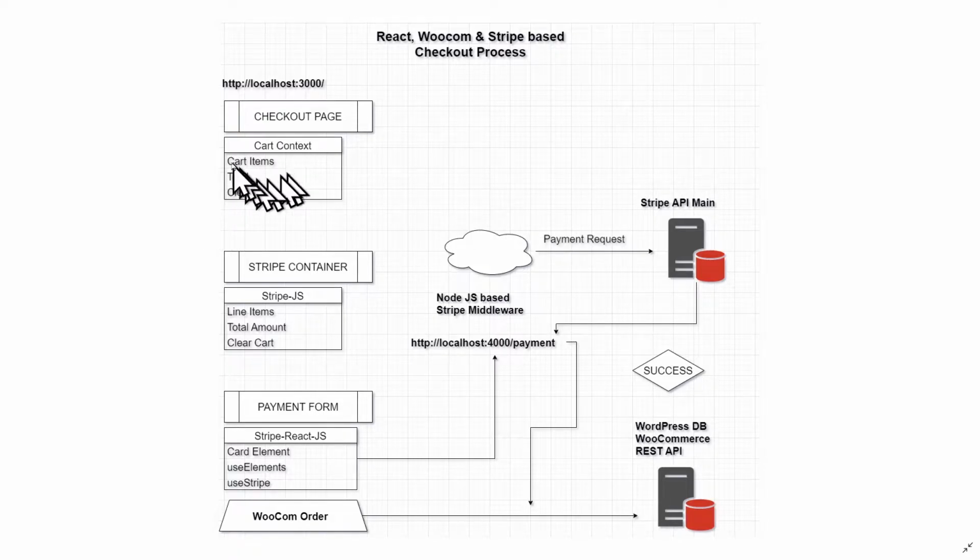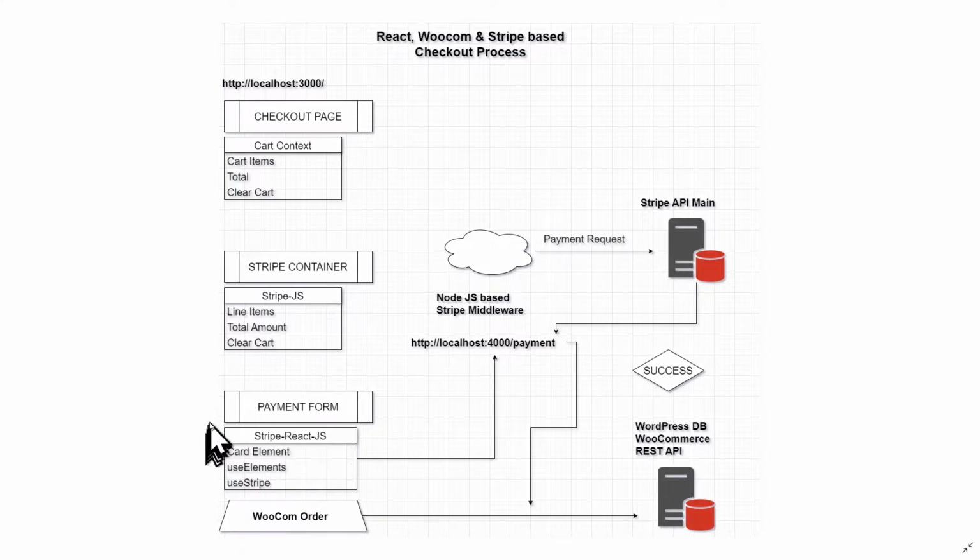So basically, we're going to get this data and then process them right here and turn them into, let's say, cart item into line item and total into total amount, etc., even though the clear cart function remains the same. Besides processing this data, we will also go through some of the steps where we're going to need our public key from Stripe. So once we process the data, then we hand it over to another component that I built called payment form.